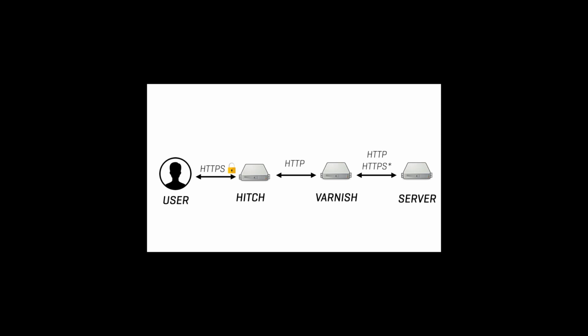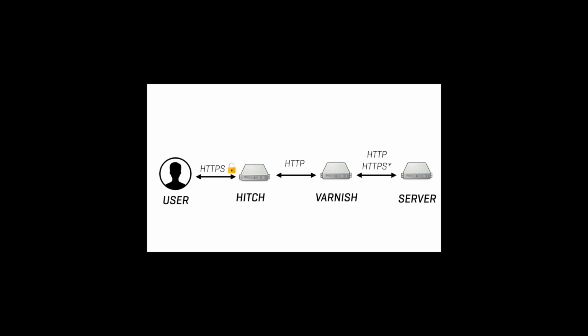Hitch speaks HTTPS with the end user, decodes or decrypts, makes sure that the traffic is sent to Varnish, and then Varnish can choose to either send it to the server over HTTP or over HTTPS. The thing you need to know is, although I am describing Hitch and Varnish as two separate physical machines or virtual machines, in most of the cases, they're separate services hosted on the same machine.